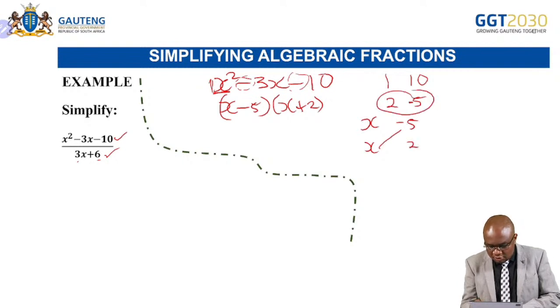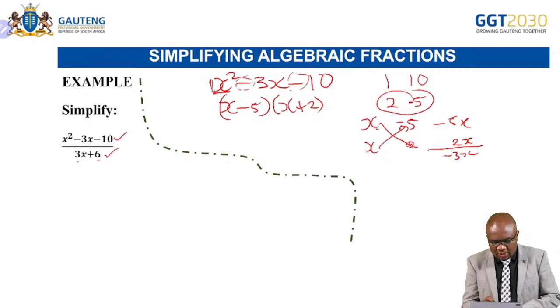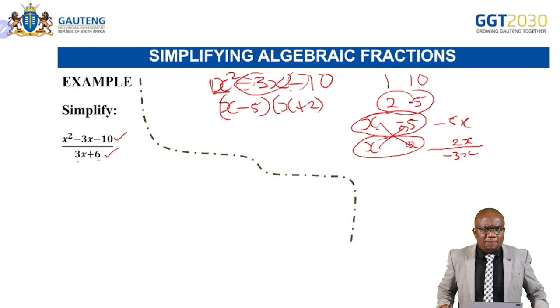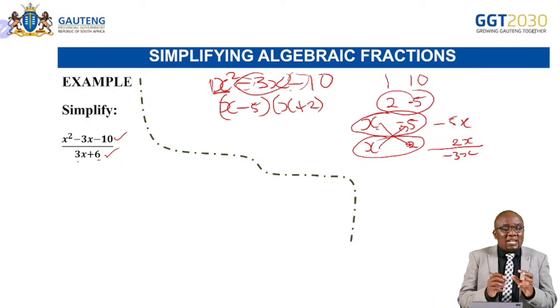And then cross multiply, becomes minus 5x. Here, x times 2 becomes 2x. And then negative 5x plus 2x is negative 3x. You see, we're getting the middle term. Therefore, our factors are x minus 5, then x plus 2. You see that? Okay, so now we factorize our numerator.